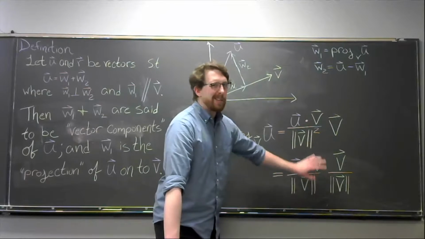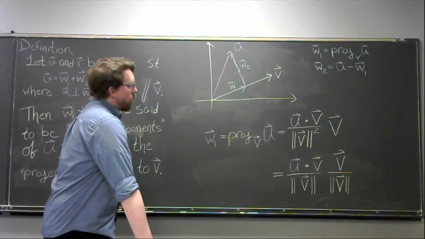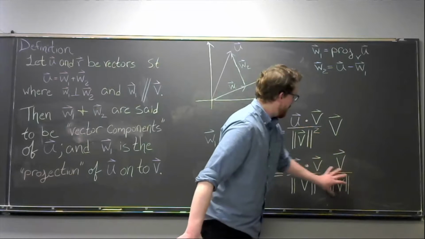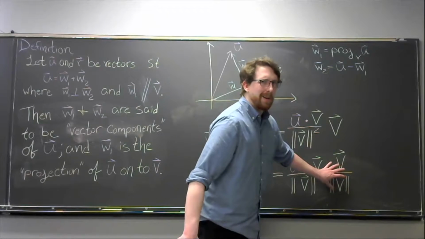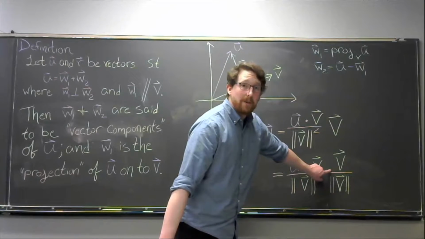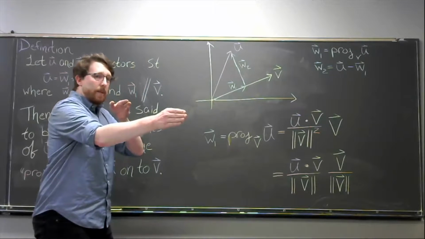It's not obvious, right? None of us see it right away. But that second term, this fraction here, that we do recognize. This is the unit vector of v, right? This is the unit vector in the direction of v.